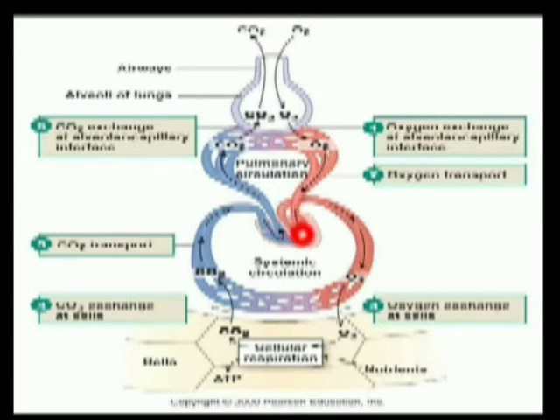Then this oxygenated blood comes into the heart, mainly the left heart portion, and then it is distributed throughout the body.